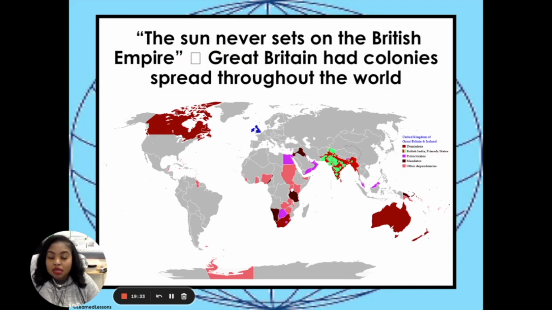And the other colors represent some version of colonization that came, and funds and money that came back to Great Britain. So what does that saying mean? The sun never sets on the British Empire. Looking at this map, think about the sun, where it sets, where it is at different times of the day. What does that mean? The sun never sets on the British Empire.